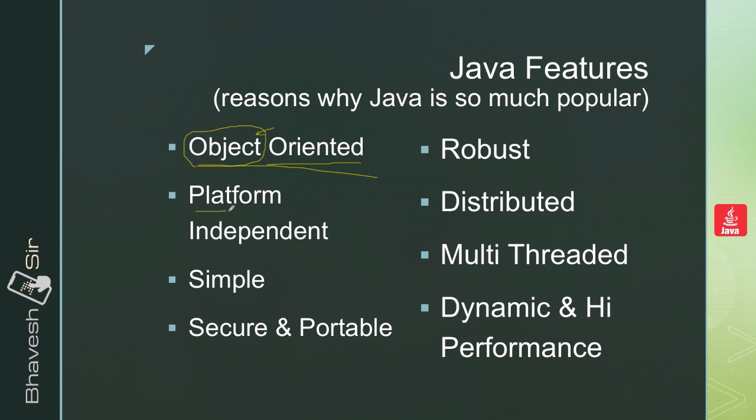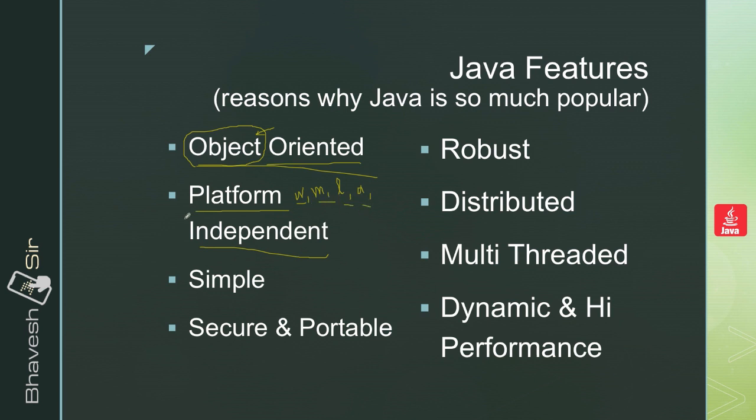The next thing is that Java is platform independent, meaning we can write a program on a Windows machine and we can run it on Mac. We can run that same program on Linux, on Android, on iOS, on Sun Solaris, on BSD, and a number of other platforms also, if we have a JVM for that operating system or platform, right?